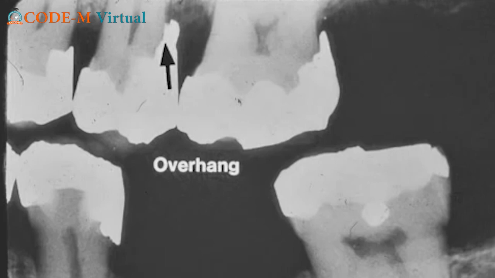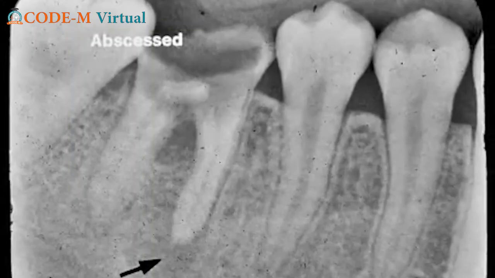So these are not good restorations. If we see above the arrow, we can see that there is some radiolucency and dark area. So we can say that this can be some bone loss in that area.